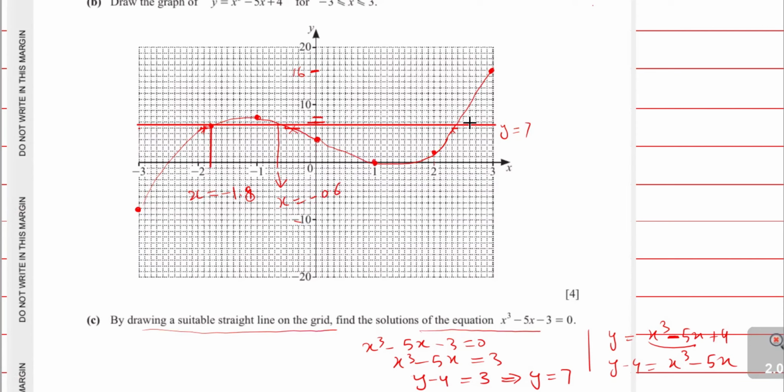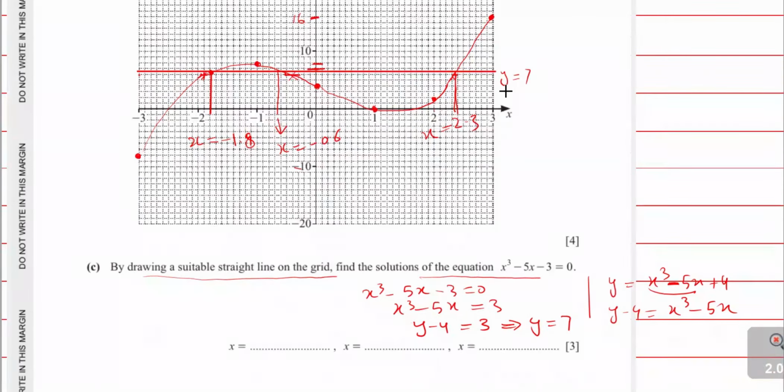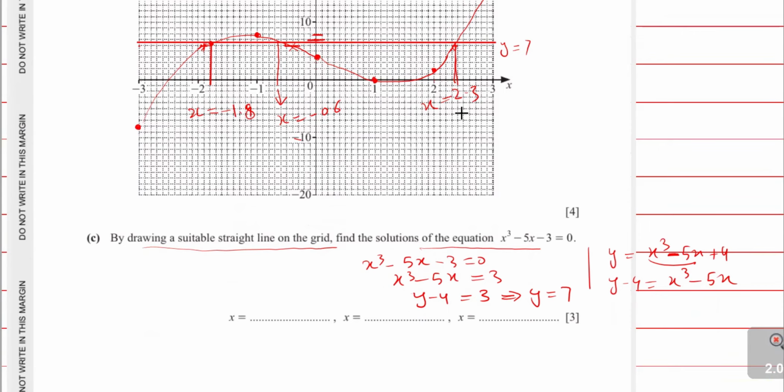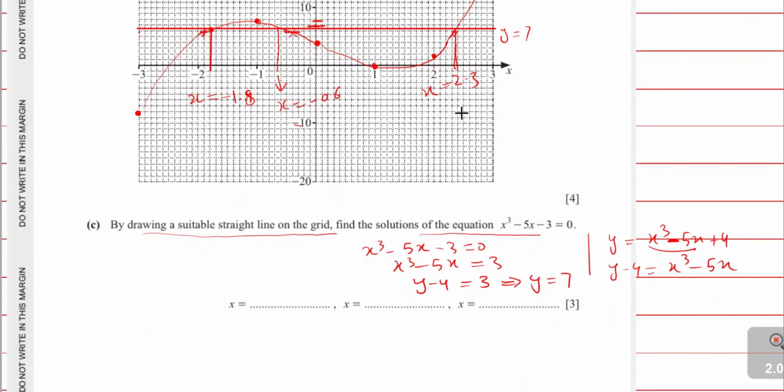Next, this line intersects the graph at this position, and this is 2.3. These are the solutions. We write here minus 1.8, minus 0.6, and 2.3.